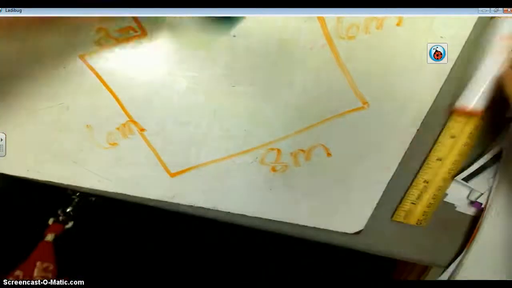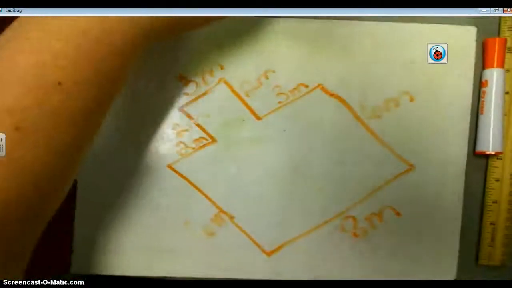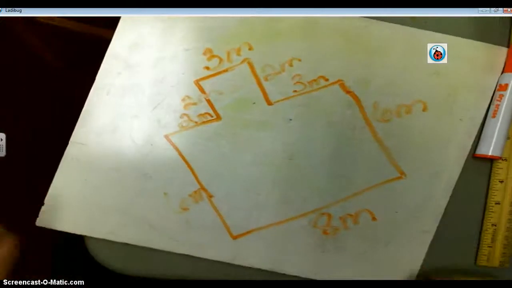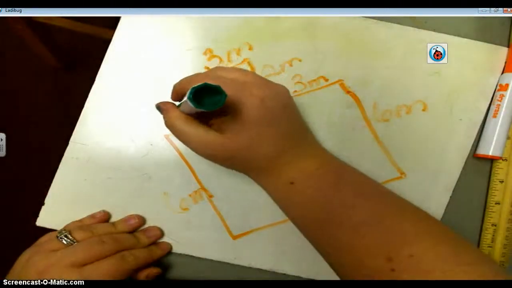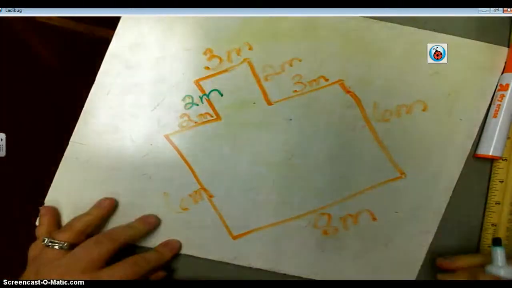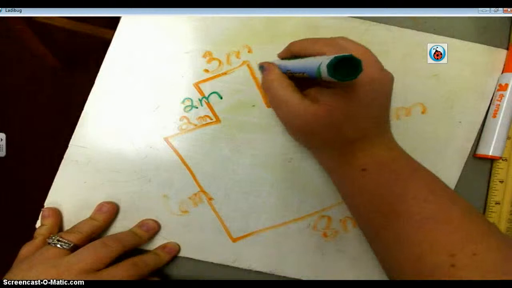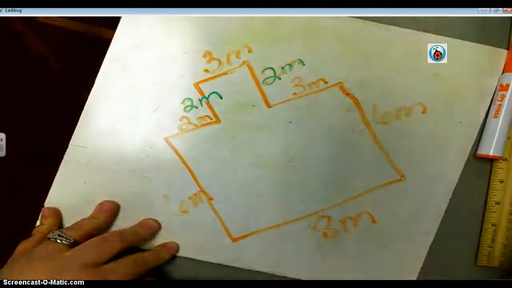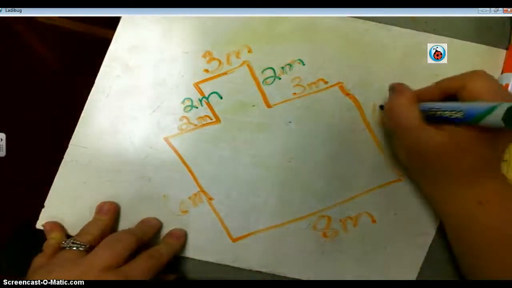Alright. This says 2. This is a 2. This is a 6.